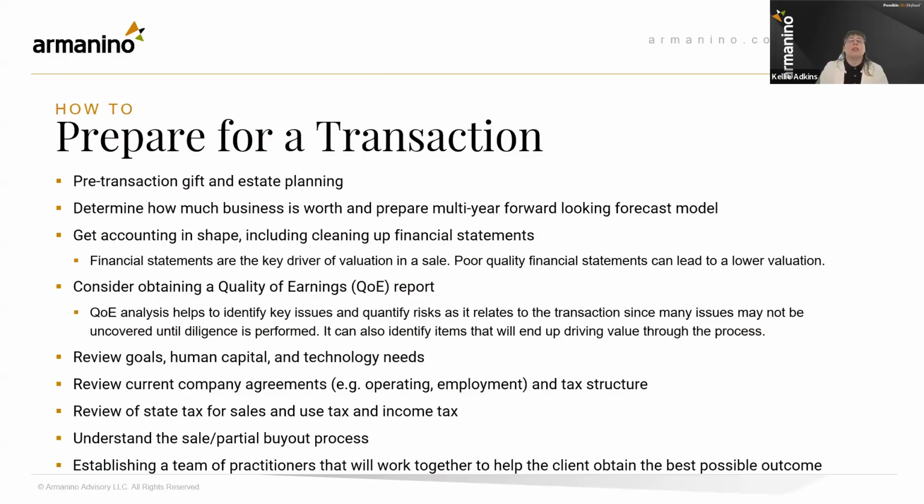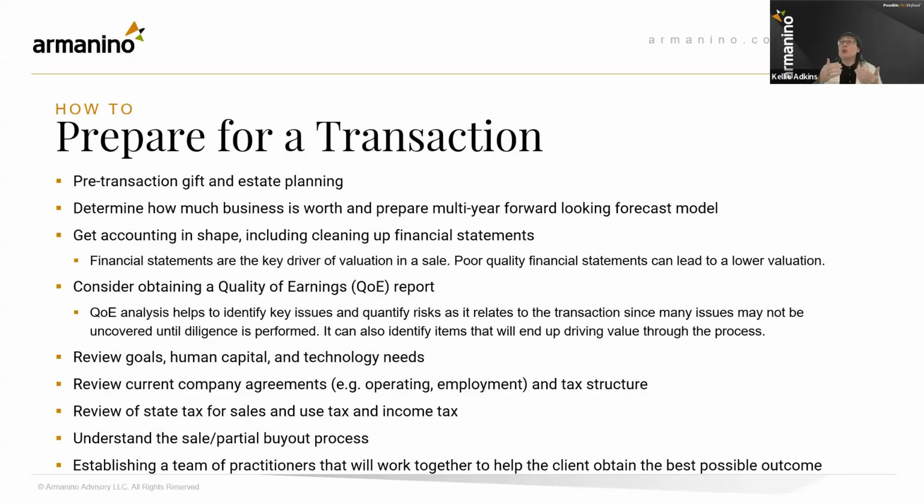I think this is a really great takeaway slide on how to prepare for a transaction. Whenever you're thinking about it, I want to touch on the quality of earnings report. I always analogize the quality of earnings report to selling your house. You get a pre-inspection done on your house so that you know what's wrong with your house and what's right with your house.